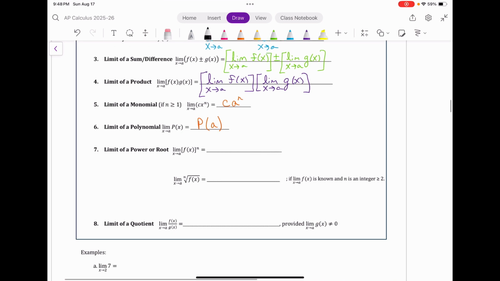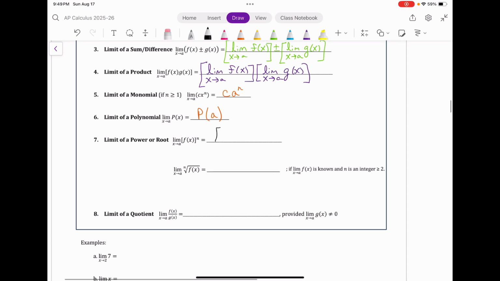If we have a function raised to a power and we're trying to find the limit, what's nice is we can find the limit of the function and then raise that to a power. That comes in handy in various situations.